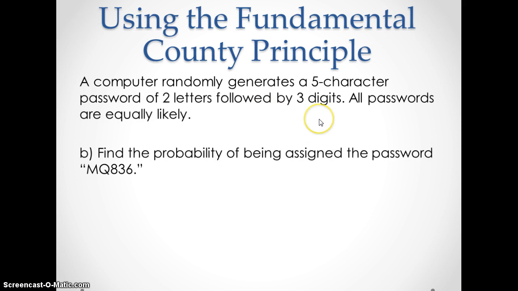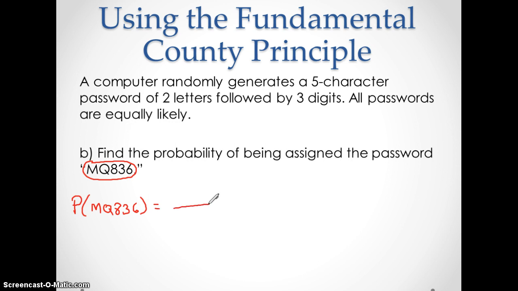All right. Now, using that, find the probability of being assigned the password MQ836. So out of all of those passwords that can be generated, how many will say MQ836? Well, again, you will write it, probability of MQ836.